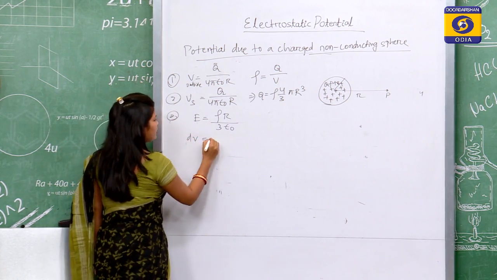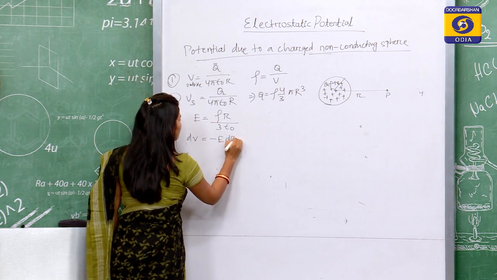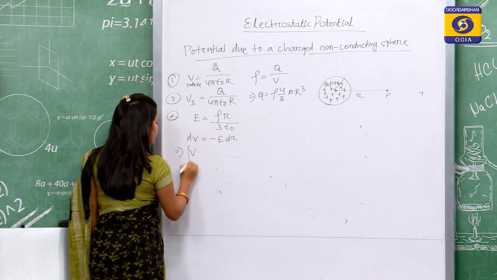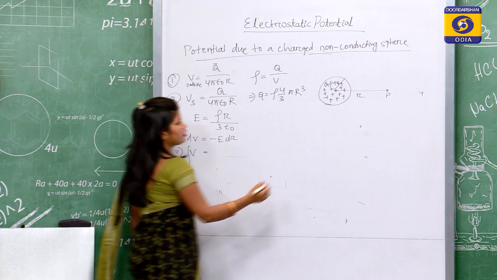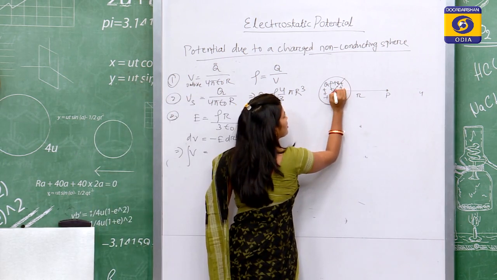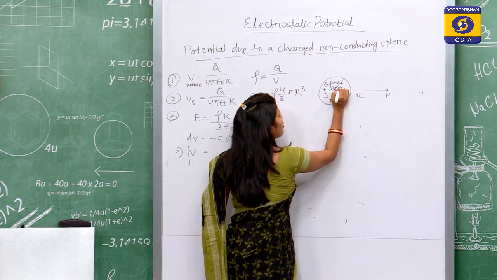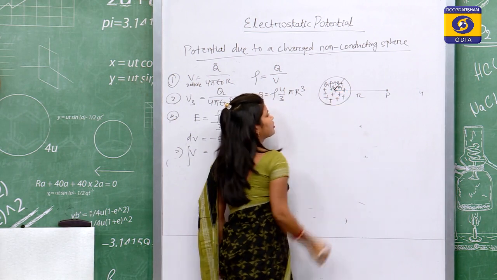Okay. So, putting the relation dV is equal to minus E dr. Suppose this is the small r, this is the point P inside the sphere.